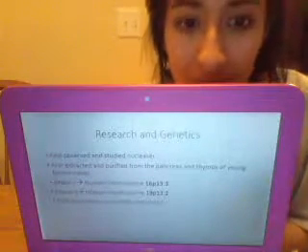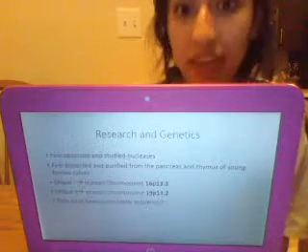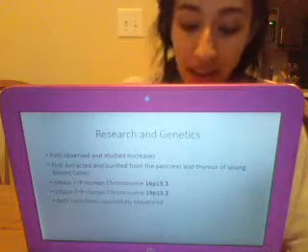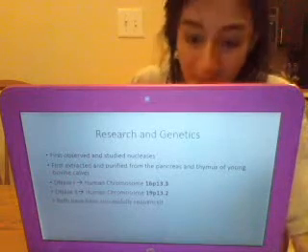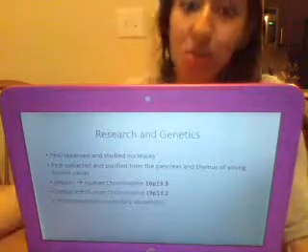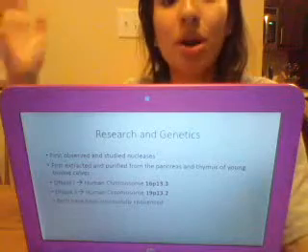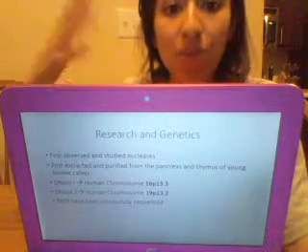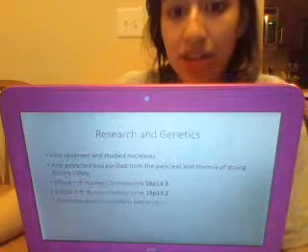Research and genetics. Now that you know what DNase-1 and 2 are, I want you to know that DNase-1 is very special in that it was the first nuclease to be discovered, the first to be studied and observed, and it was first extracted and purified from young cattle rather than from humans.